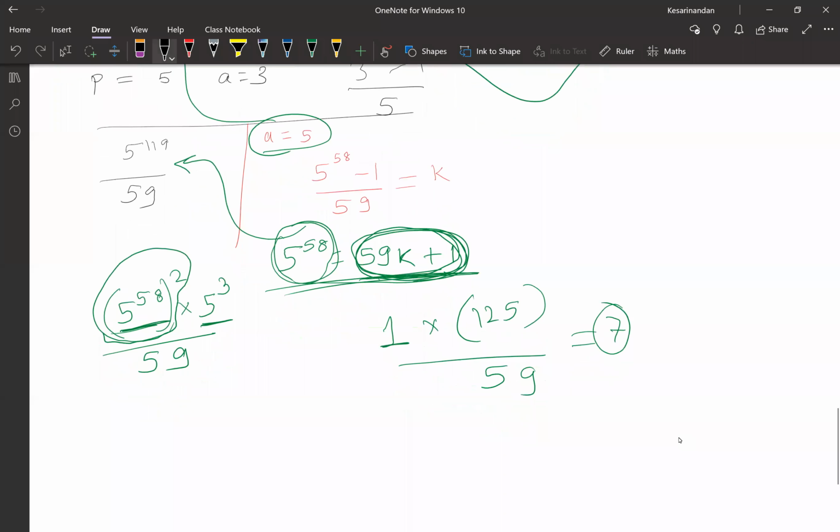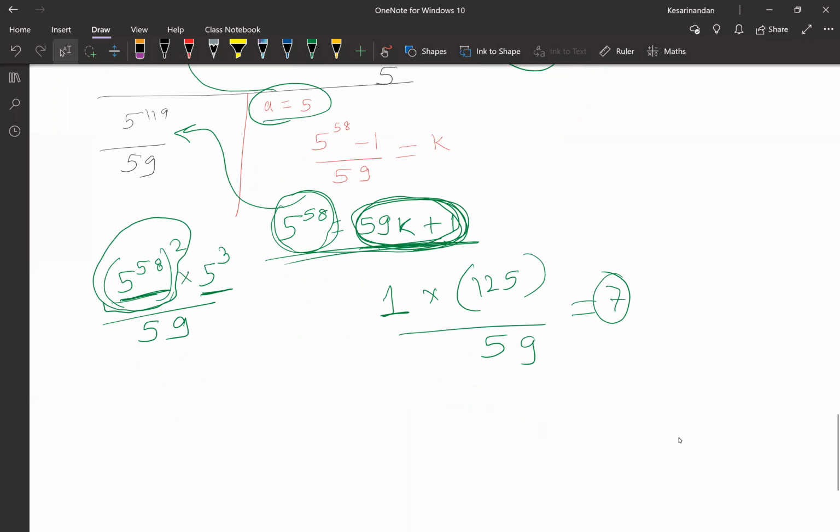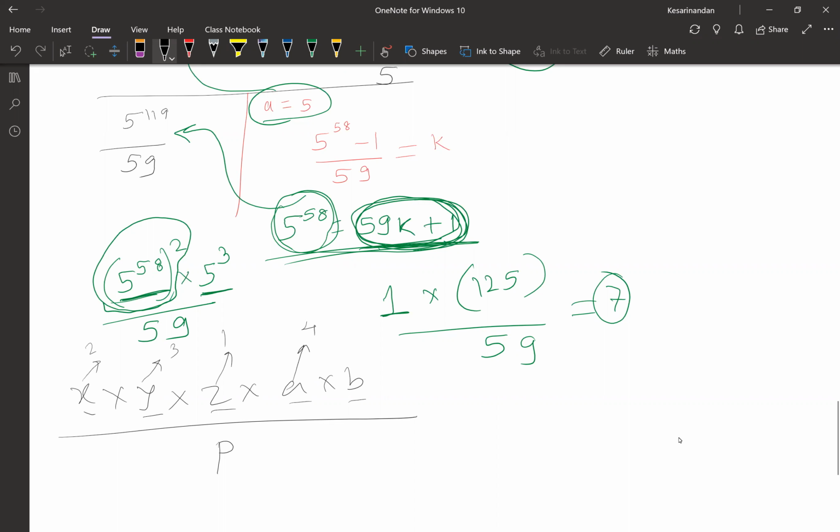Guys, if you are confused with this method, I will just tell you a shortcut. Let's say x into y into z into a into b. This is not plus, this is multiplication, my bad. If it is divided by p and I need to find the remainder, first I will try dividing each one of them by p. Let's say this gives me a remainder of 2, this gives me 3, this gives me 1, this gives me 4, this gives me any number, let's say 7.